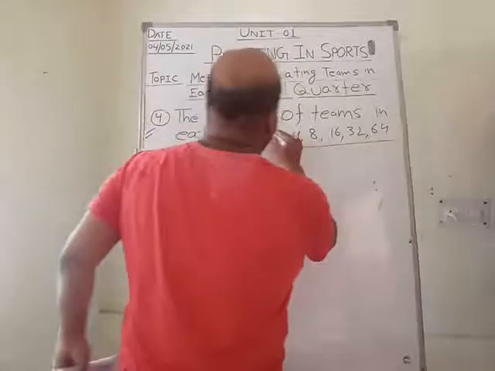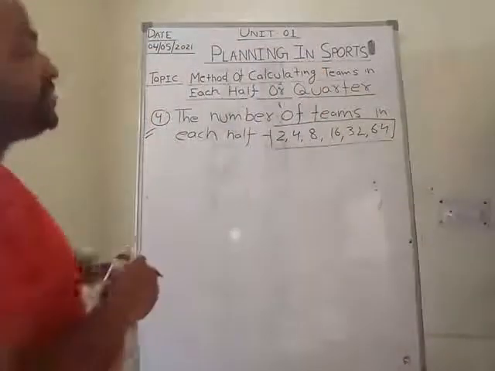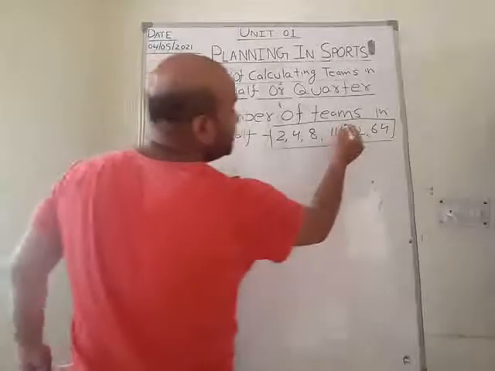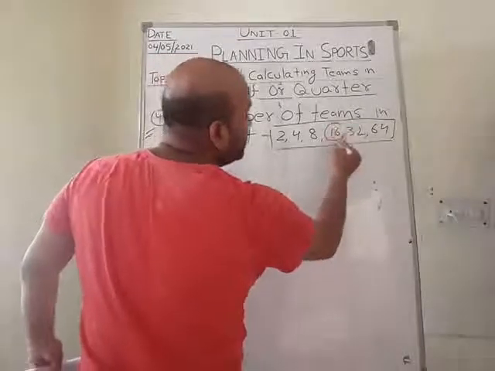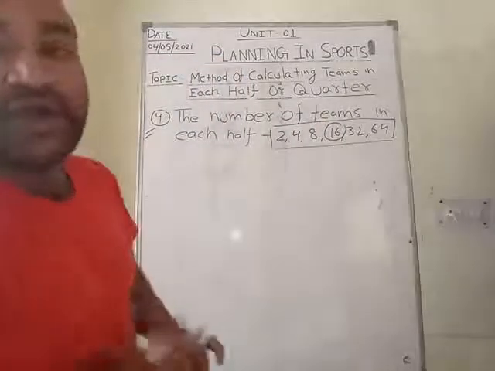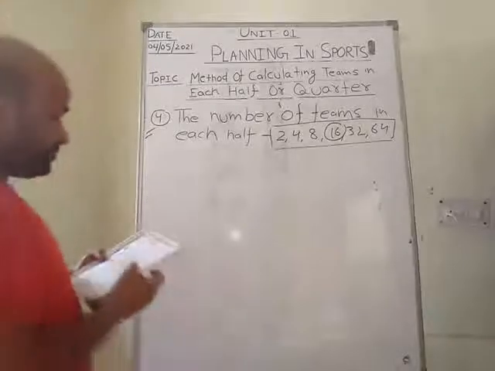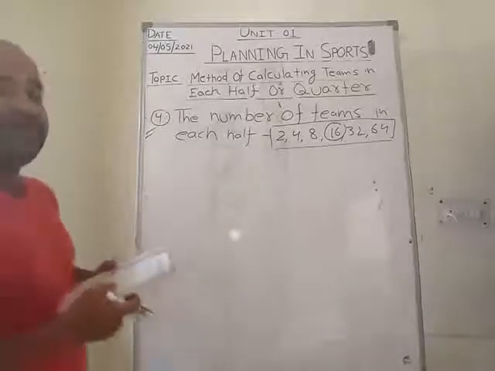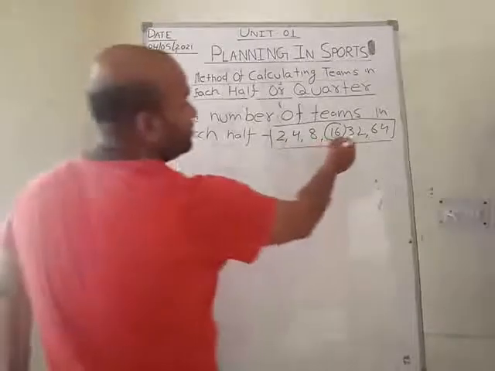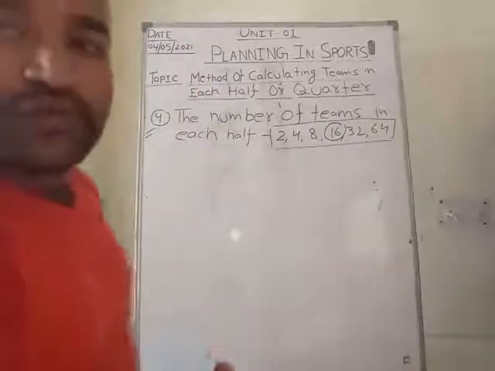These numbers easily have factors of 2. Suppose 16 teams come in the tournament. How do we give the halves? Not a problem. Have the 16. There are 4 factors of 2.